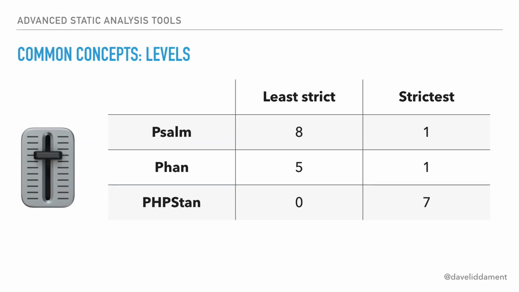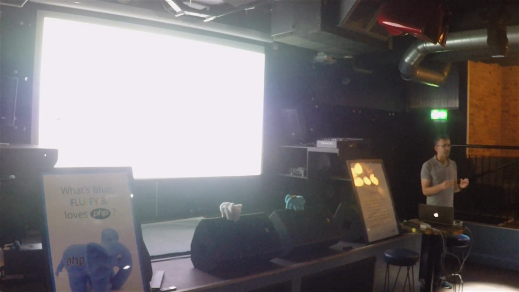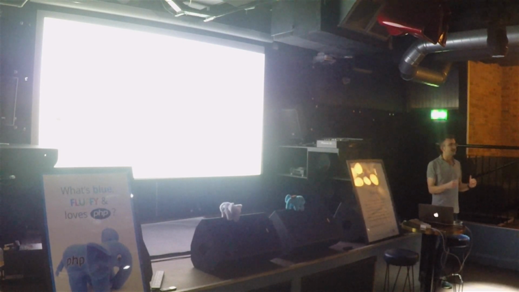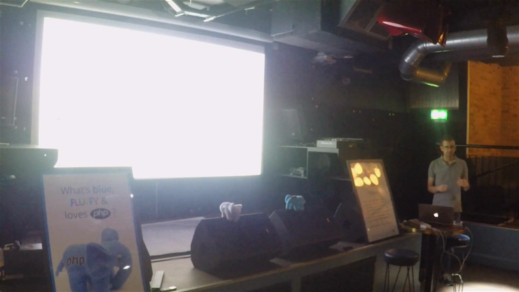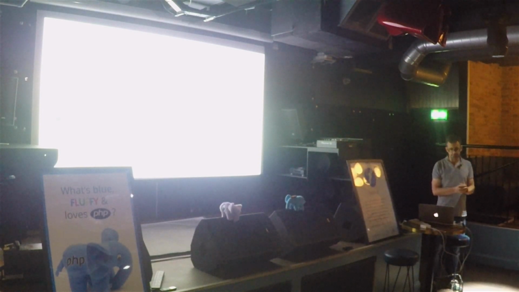So there are some common concepts between all of these tools. The first thing is they all have this concept of levels. They go from a least strict to a most strict level, and every level of strictness you increase, you're adding in more and more checks. And the authors of the tools work out what they think is sensible for each level.